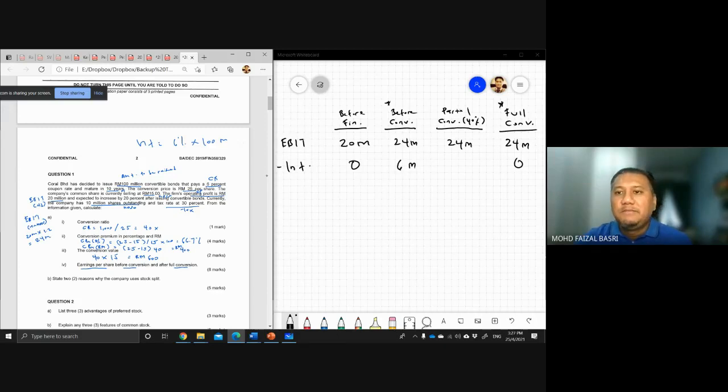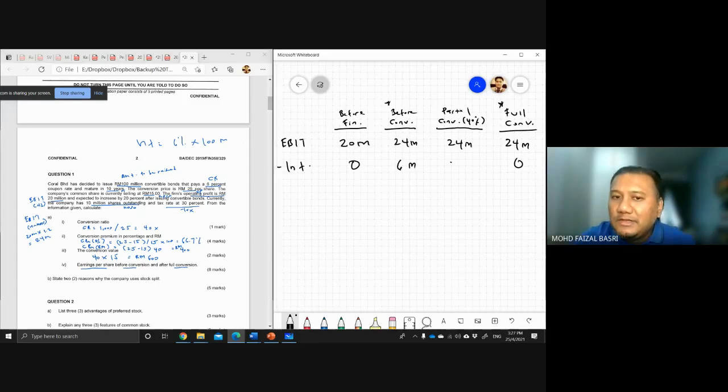Okay, but for partial conversion, as I said, dia dah ada yang berubah kat sini, dah ada yang convert into stocks. So if 40% converted into stockholders, so yang tinggal hanyalah 60%. Out of 6 million, only 60% of it je kita kena bayar. So 60% of 6 million is 3.6 million.